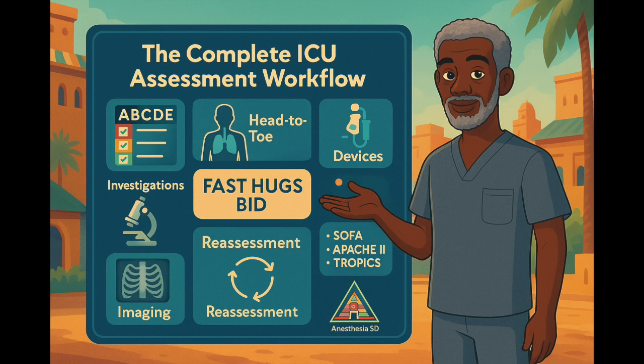Once the patient is stabilized, the focus shifts to a more deliberate and comprehensive head-to-toe examination, supported by targeted investigations, imaging, and continuous monitoring. History is gathered early and refined throughout the admission, helping us understand the patient's physiological reserve, pre-existing conditions, functional status, and goals of care.